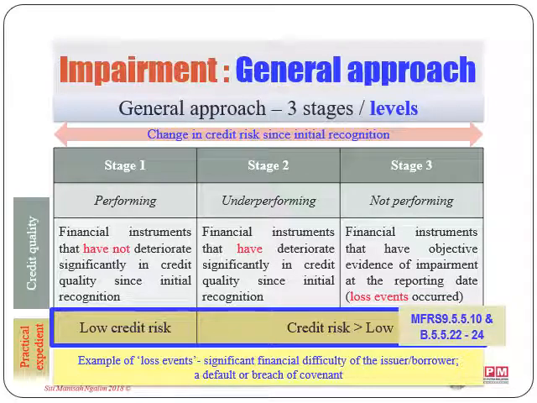You may refer to paragraph 5.5.10 for this provision and Appendix B.5.5.22 to 24 that elaborate on when an asset can be considered to have low credit risk.